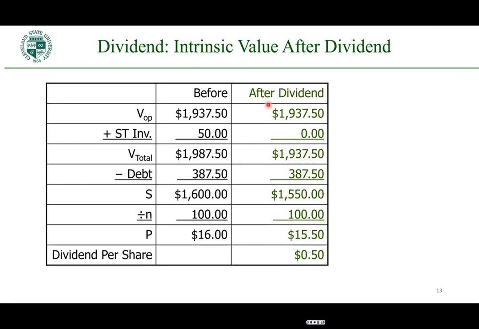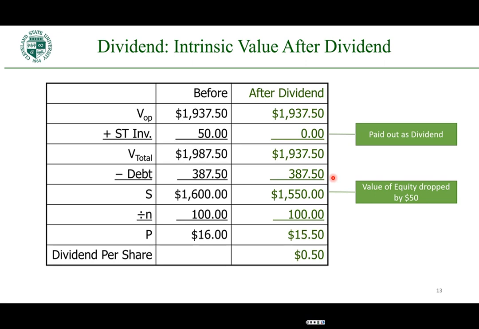Now let's look at what happens after the firm pays a dividend. The value of operations doesn't change, but the short-term investment dropped, so the total value of the firm dropped by $50 billion as well. And the debt doesn't change, so the total value of equity dropped by the amount of the payout in the form of dividends, 50 billion.